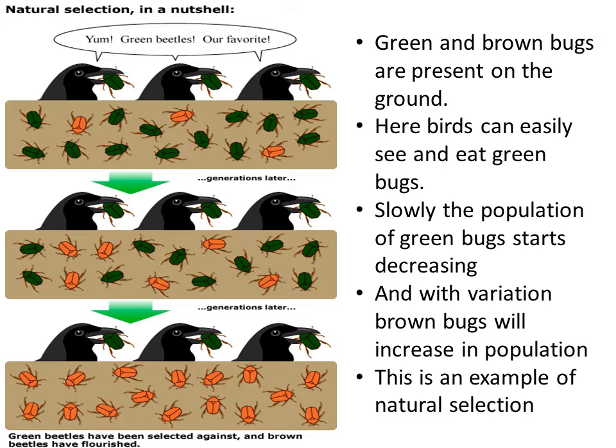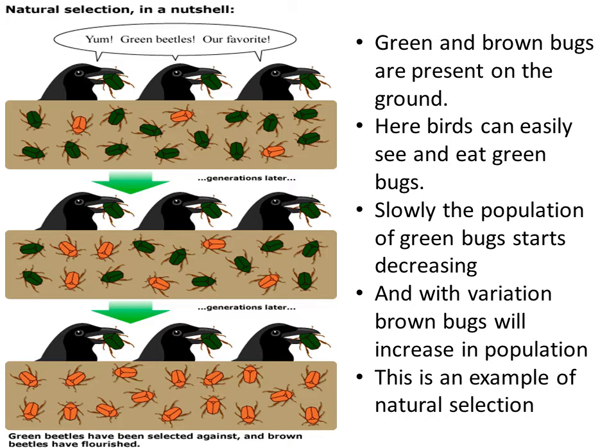Now, here you all can see an example where green and brown bugs are present on the ground and the birds can see and eat the green bugs easily. Why? Because they are present on the ground and the brown bugs are similar to the color of the mud or soil. So green bugs are easily visible for the birds.